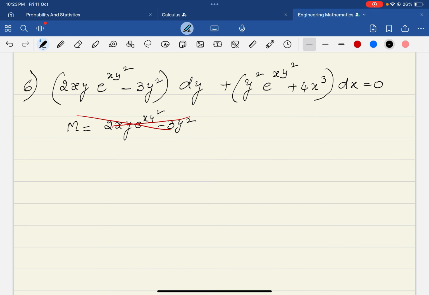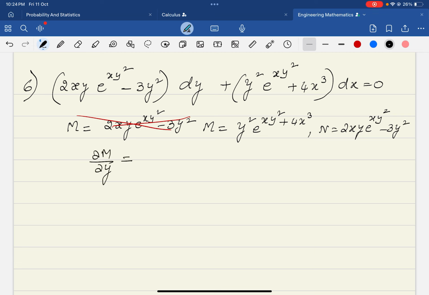So what is m here? m is y square e raised to xy square plus 4x cube, and n is 2xy e raised to xy square minus 3y square. Now let us find dou m by dou y.